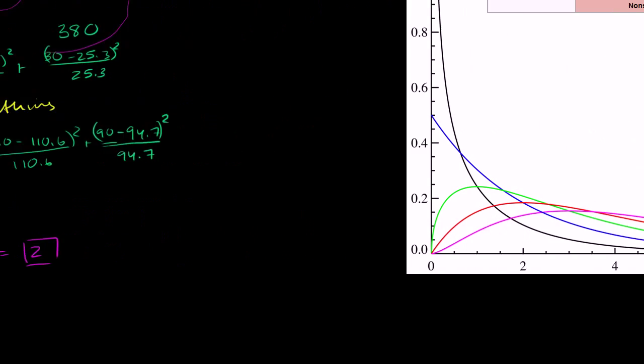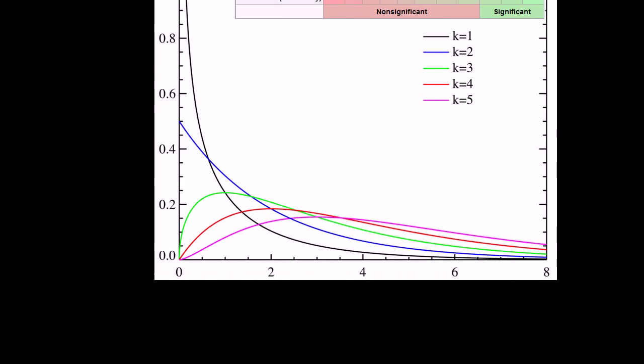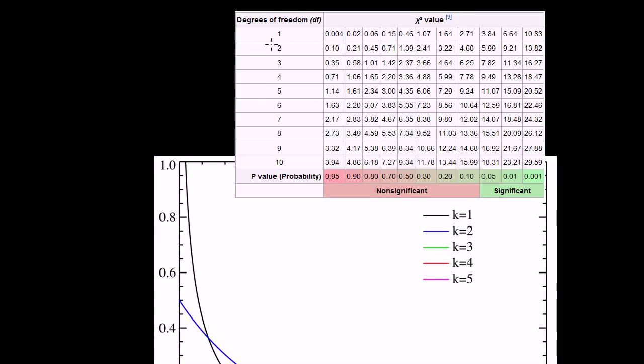So let's just go back. We have 2 degrees of freedom here. And we care about a significance level of 10%. So our critical chi-square value is 4.60.